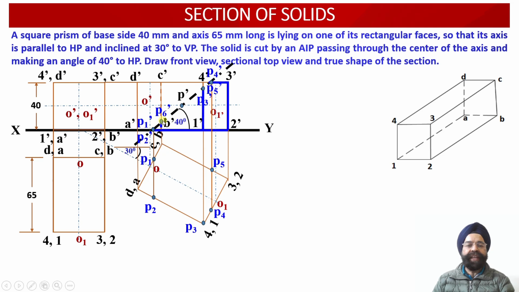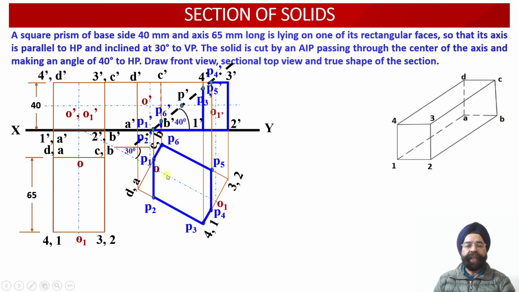This point of intersection we have labeled as P6' and it is lying on the vertical edge. If we look at this vertical edge from the top, wherever P6 may be lying, it is lying somewhere here. So points C, B and P6 will be overlapping with each other in the top view projection. So they have coincided with each other.